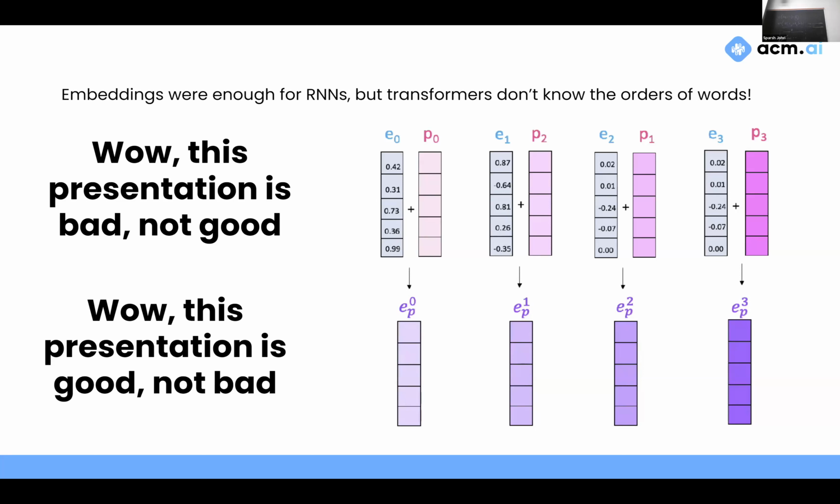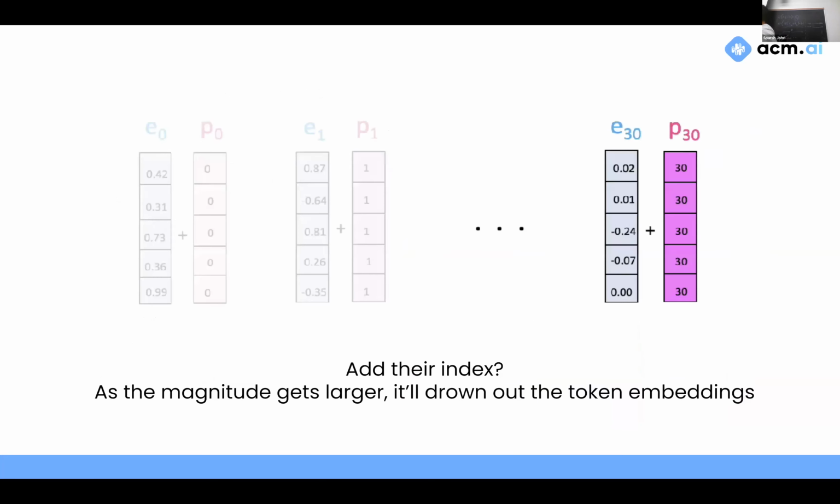Let's say it's the first word, on the river bank. We want to add something to this vector to give it a richer representation of where it is in the sentence. That's the idea behind positional embedding, because unlike RNNs, we don't have an implicit idea of where we are in the sentence.